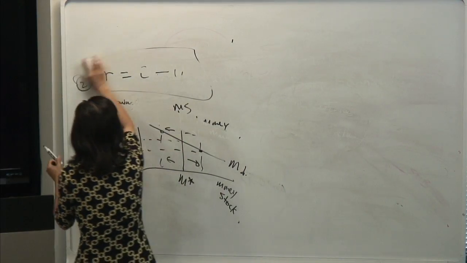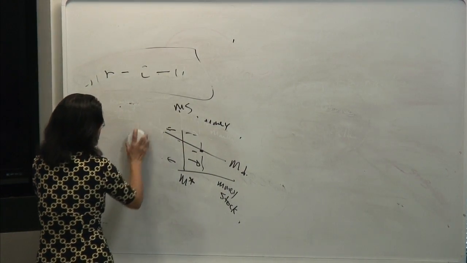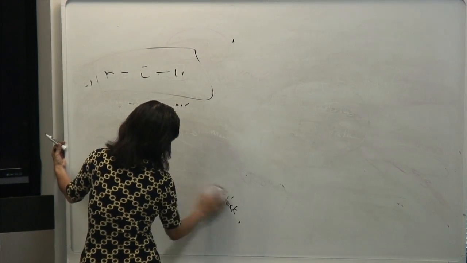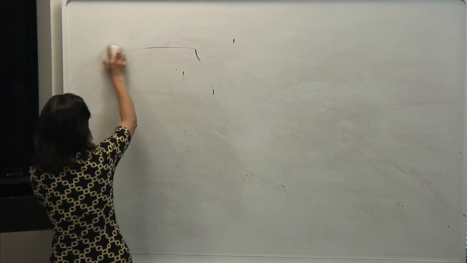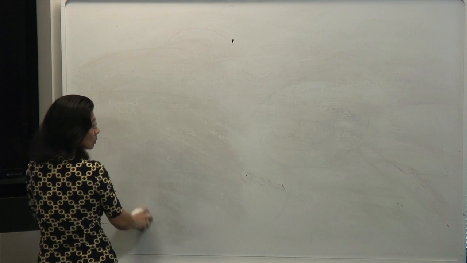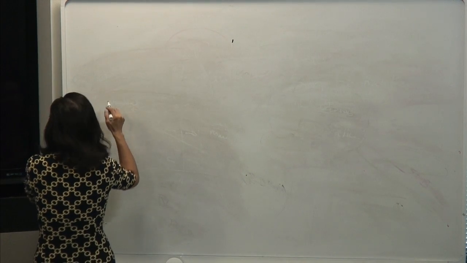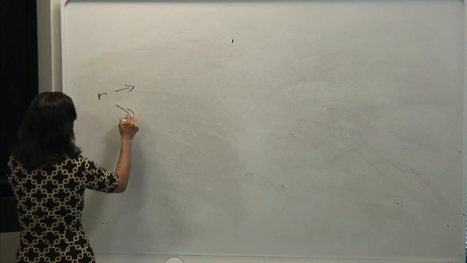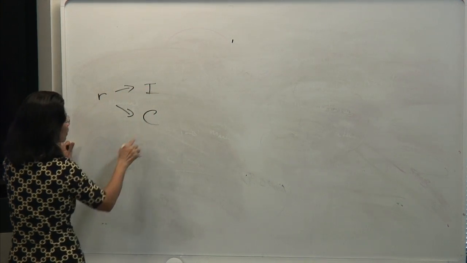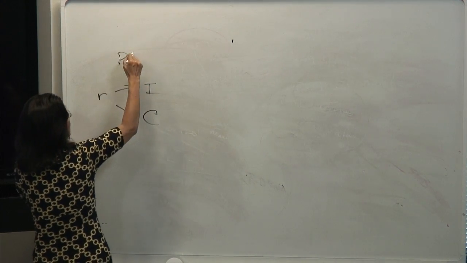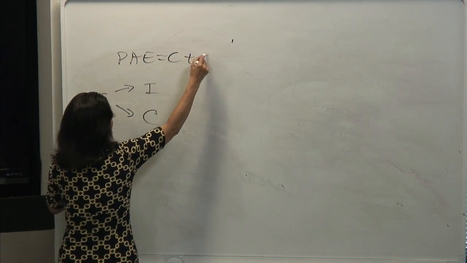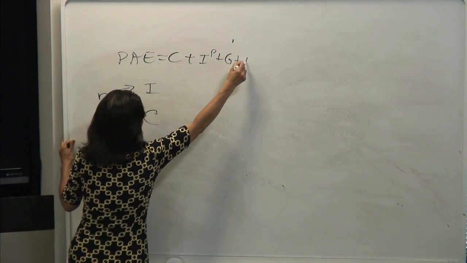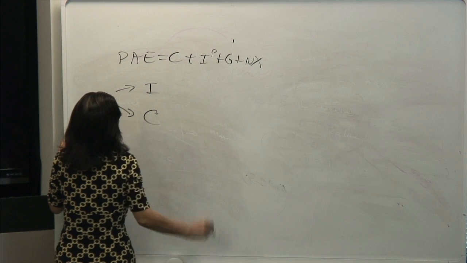So I'm going to erase this. We're going to talk about what the instruments are that the government uses for monetary policy. Let's look at that line here. Your r would affect investment and consumption. Remember your PAE equation is C plus I plus G plus NX.